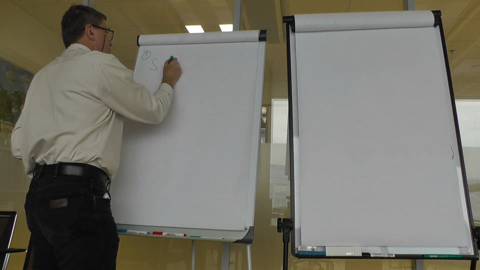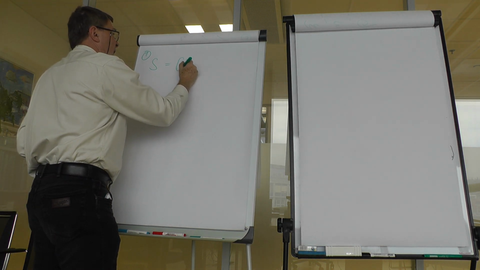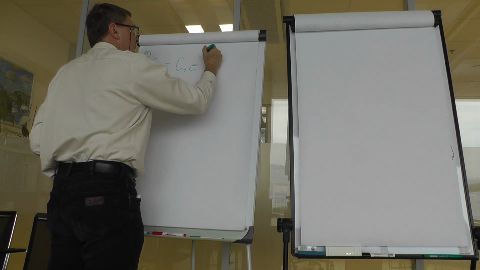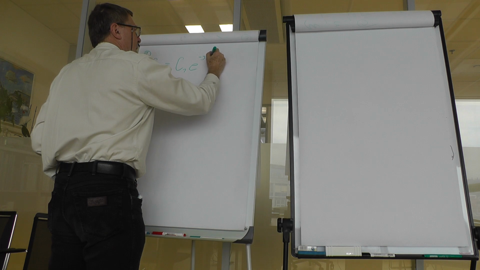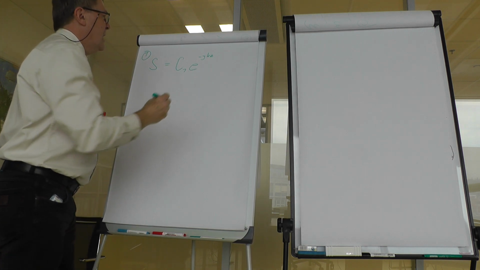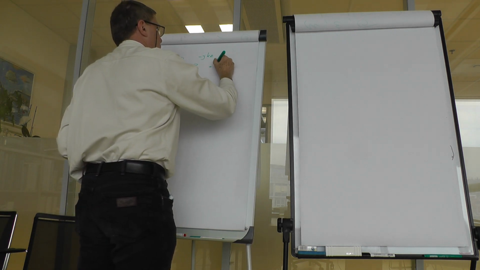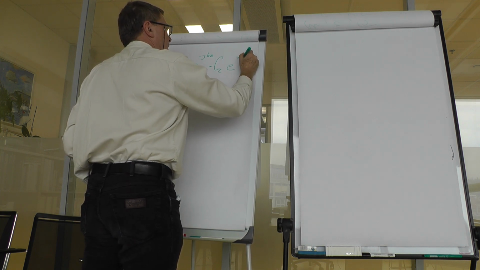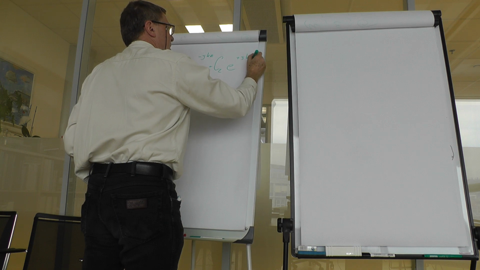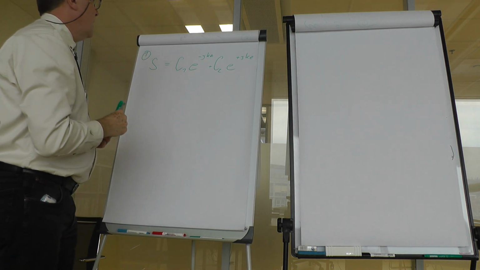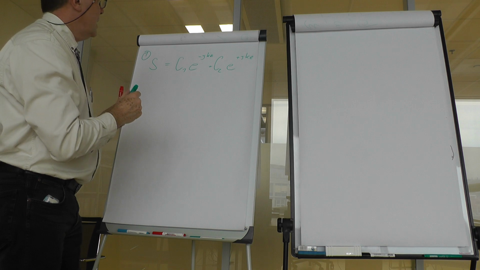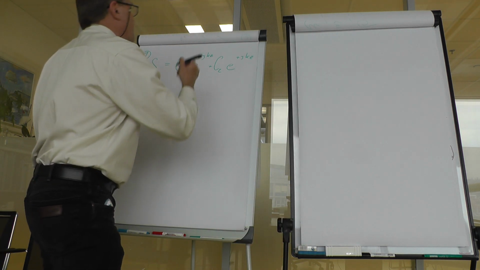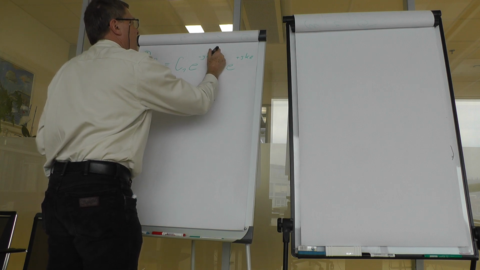So S would be C1 e raised to minus g k z plus C2 e raised to plus g k z, or sorry, I should have written x because now I'm talking about the x direction.